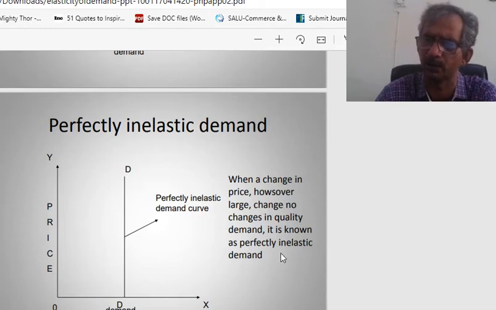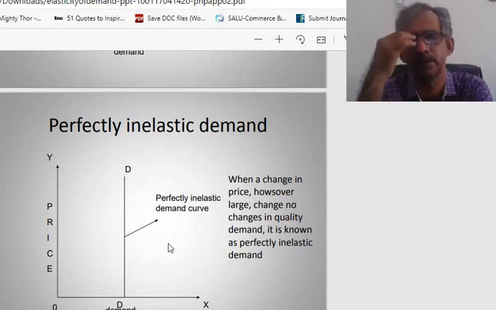It is known as perfectly inelastic demand. Whatever the change in price occurs, there is no change in the quantity demanded. You can see from this graph that if price rises, but the quantity is not moving.